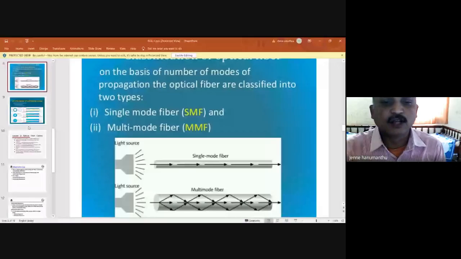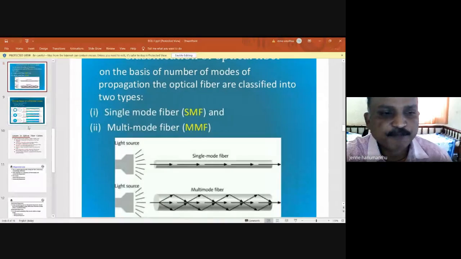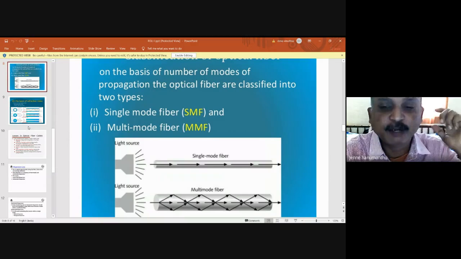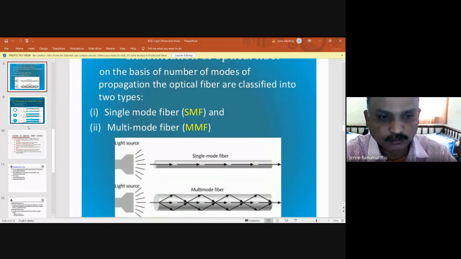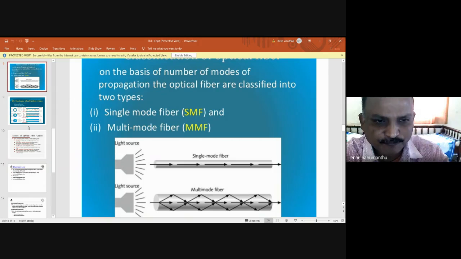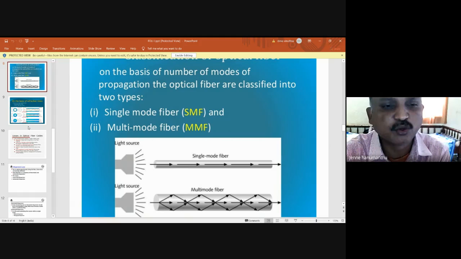Next loss is this. When the light is propagating through the optical fiber, through the core, if the light is inside the core, there is no loss occurring.